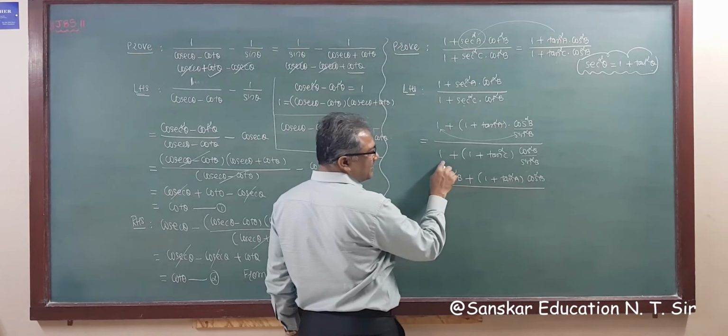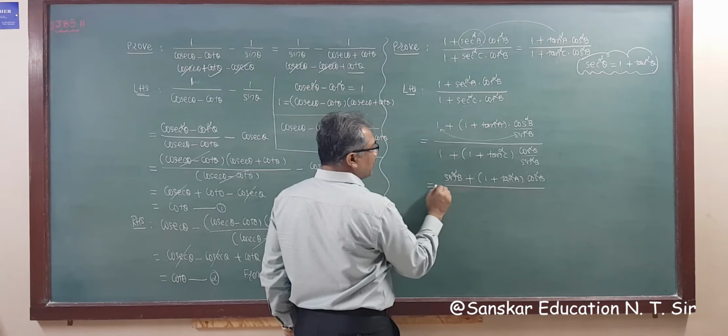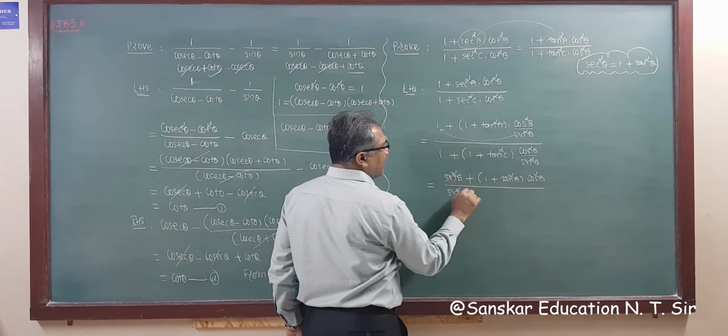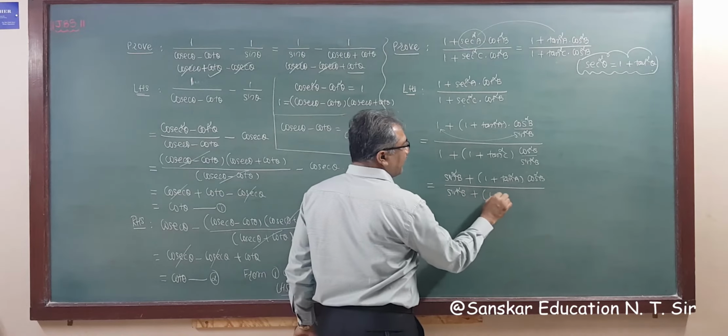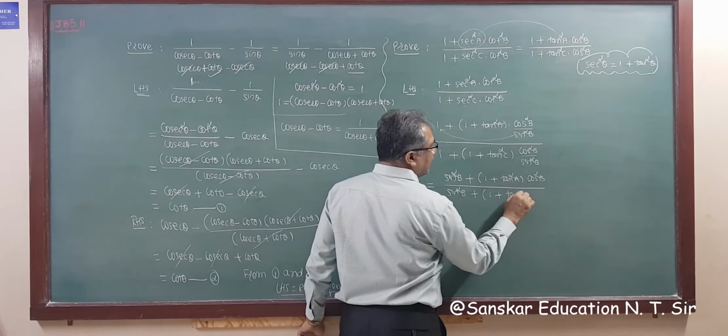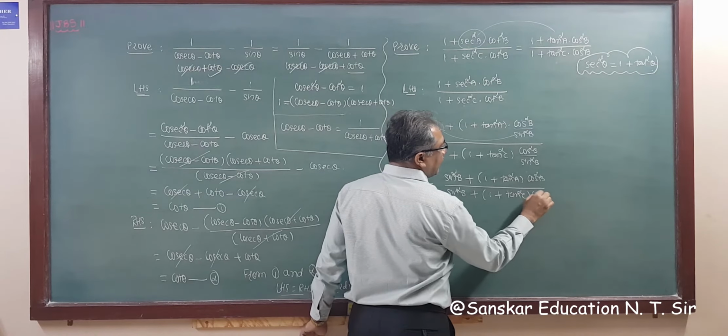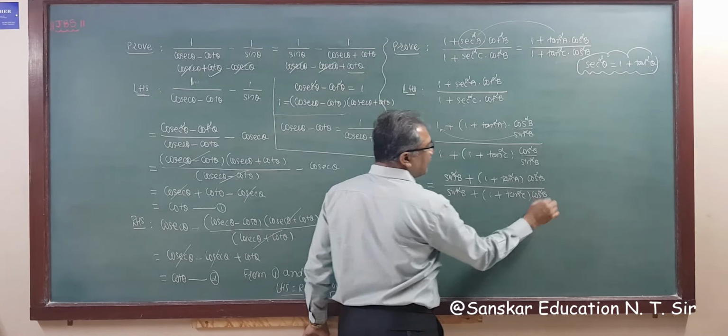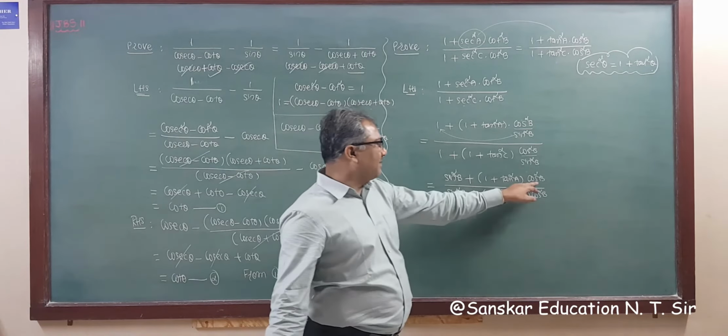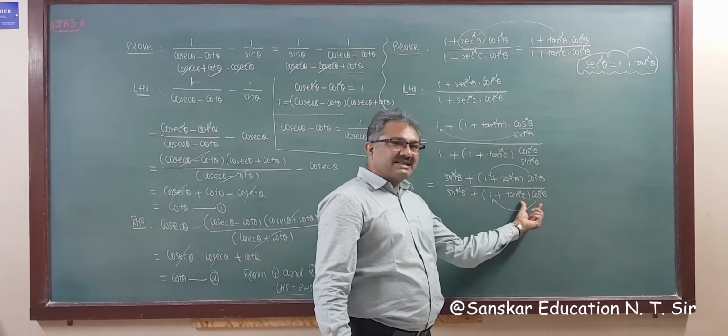Similarly, sin square b comes here, taking LCM, so we get sin square b plus 1 plus tan square c into cos square b. Now multiplying this cos square with 1 and this cos square with 1 here, and then tan square a cos square b, tan square c cos square b.